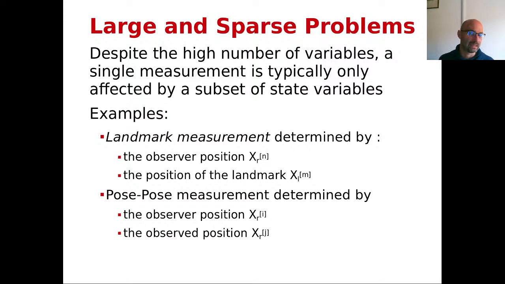So 6,000 by 6,000 is a growth which is quadratic. The number of non-zero elements that I throw in grows linearly with the number of poses, which means that the more I explore, the more the system will be sparse. So most of this H matrix is zero, and there must be something to do if a matrix has a lot of zero elements.